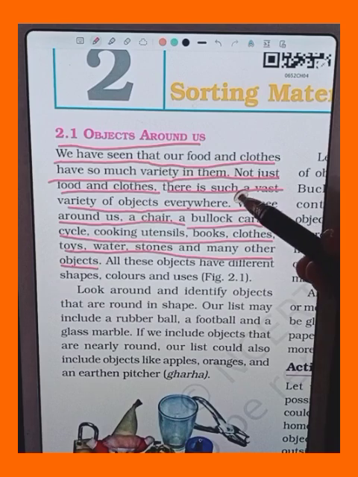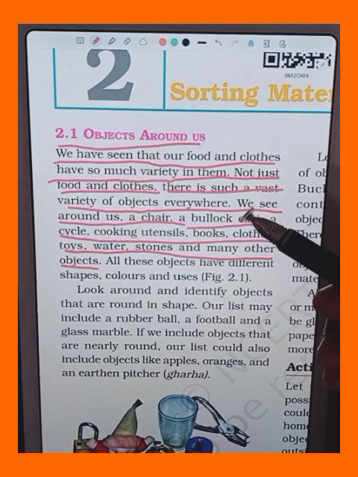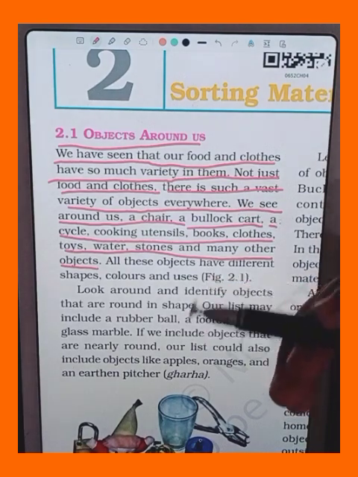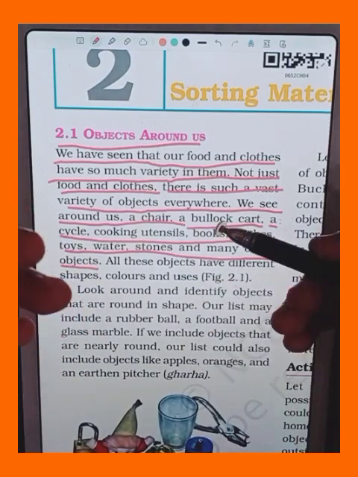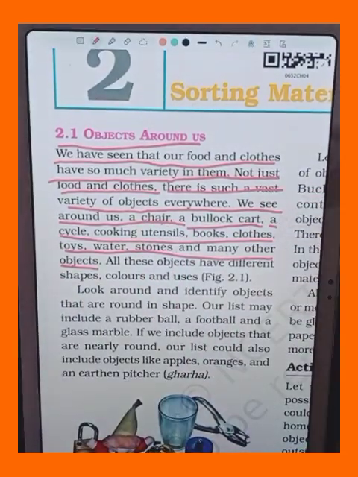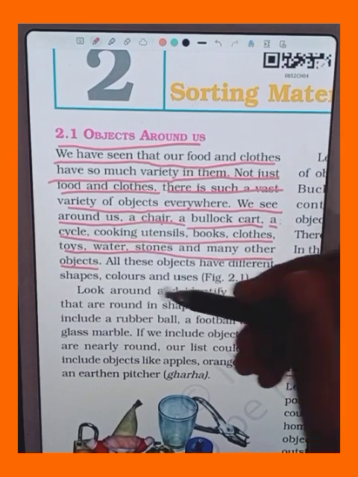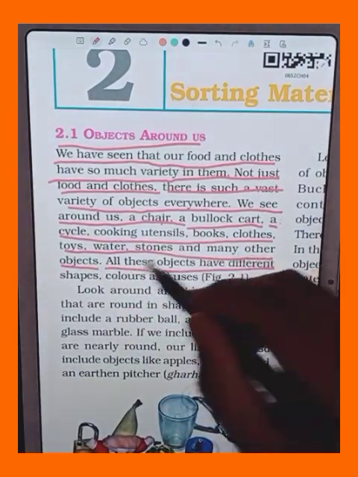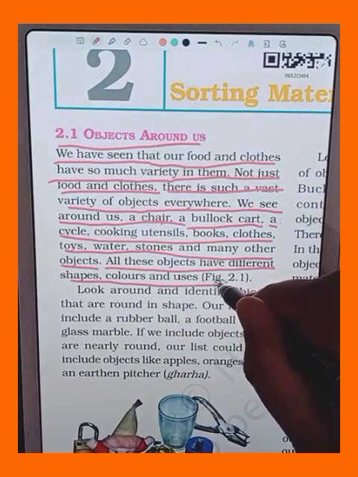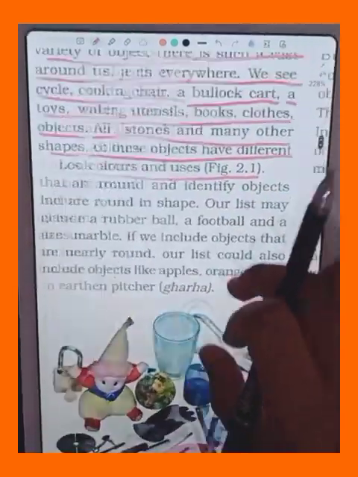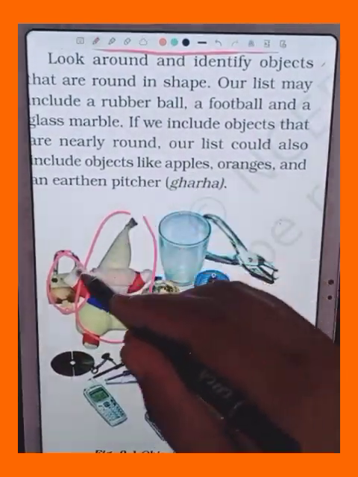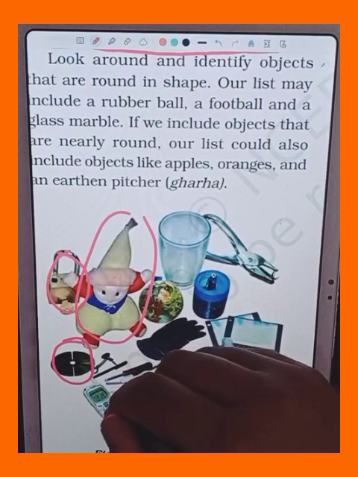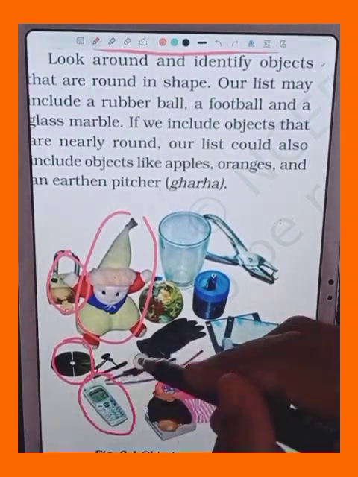Mainly in this paragraph, the author is trying to say that around us there are many items that are made by us, like a chair, bullock cart, cooking utensils, books, clothes, etc. All these objects have different shapes, colors, and uses. So here you can see a toy, a key lock, a CD, a telephone.